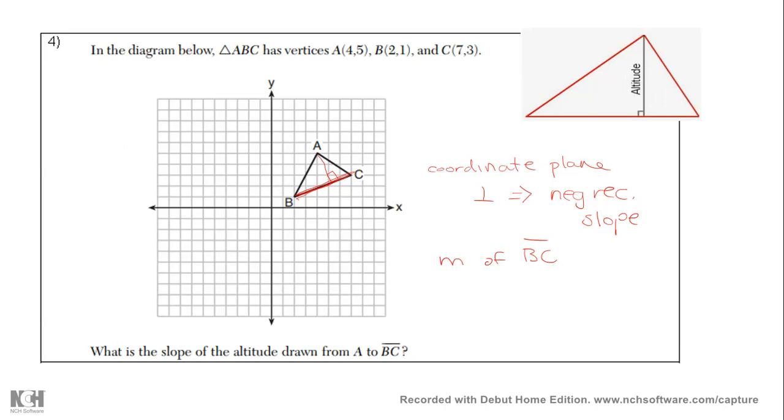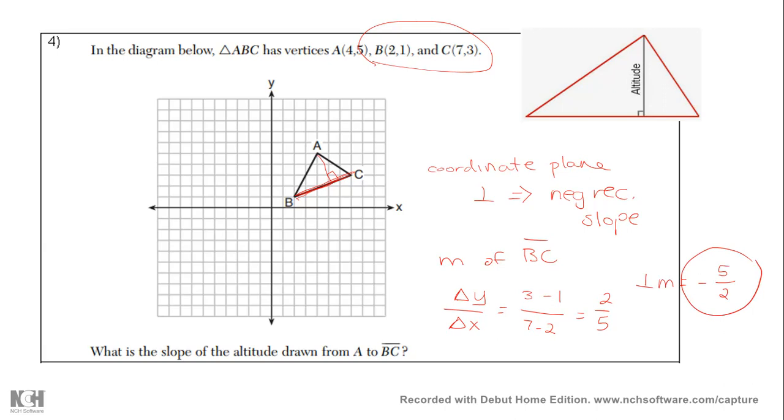So I have the coordinates of B and C up here, so I'm just going to use those for the slope formula, the difference of y's over the difference of x's. So that would be 3 minus 1 over 7 minus 2, which is equal to 2/5. So the perpendicular slope, or the slope of the altitude, would be negative 5 over 2. And that is our answer.